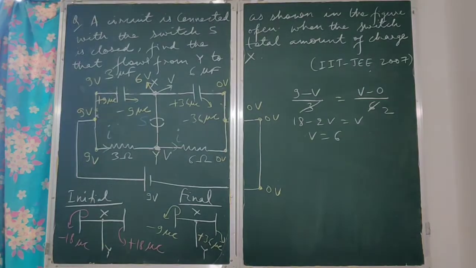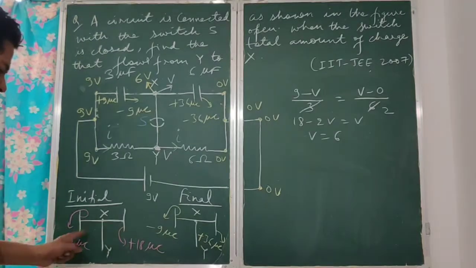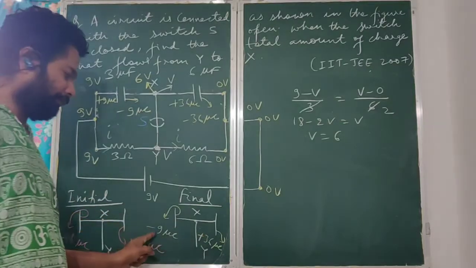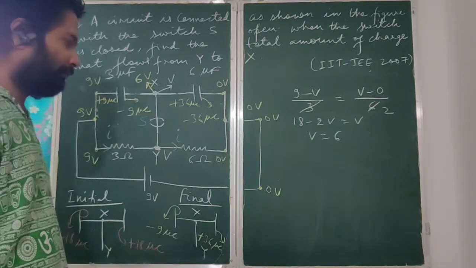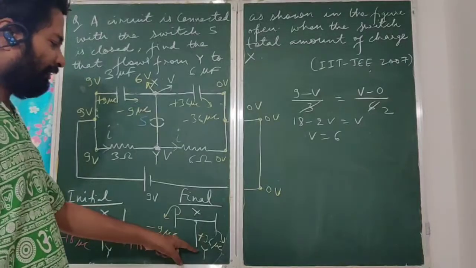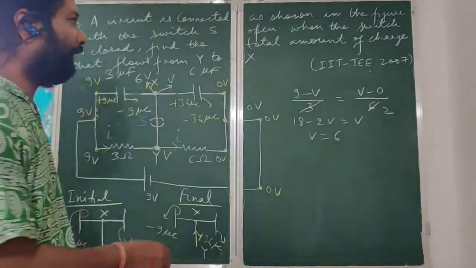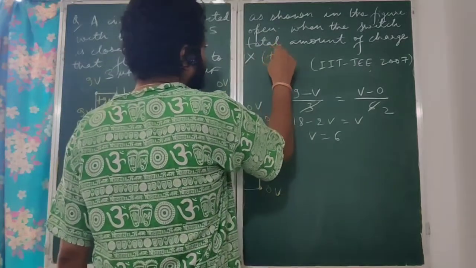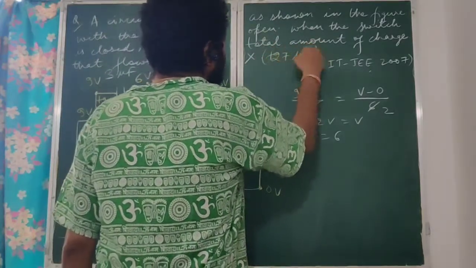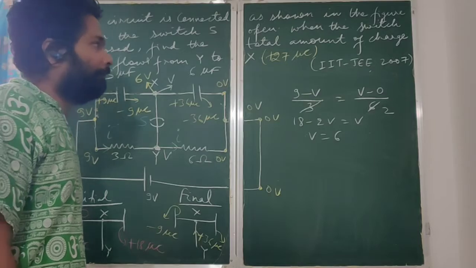Find it out. You can see initially the net charge was minus 18 plus 18, 0. Now it is 36 minus 9. How much is that? 27. So how much charge has flown from Y to X? 27 microcoulomb. So the answer for this will be plus 27 microcoulomb.